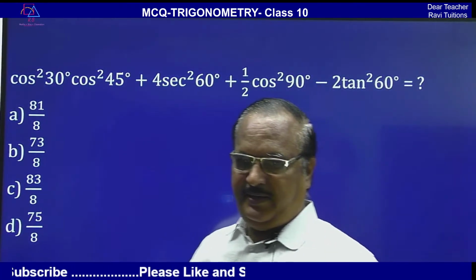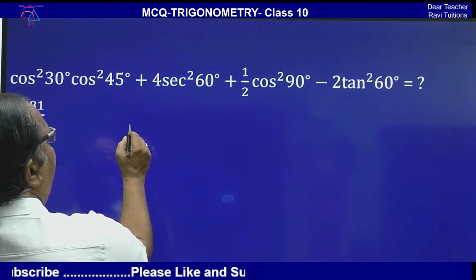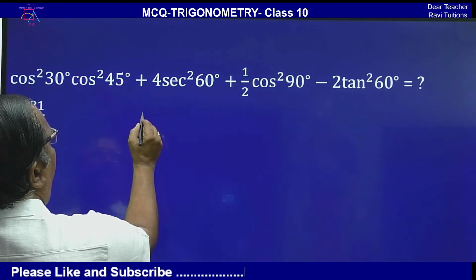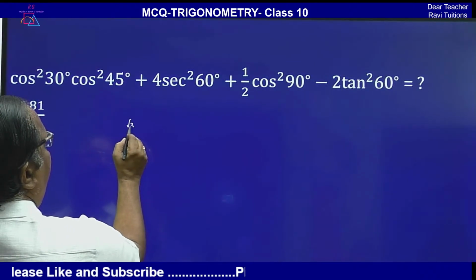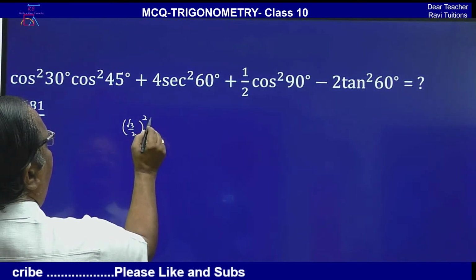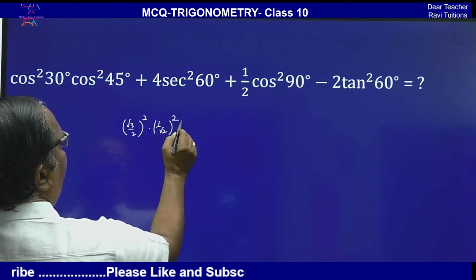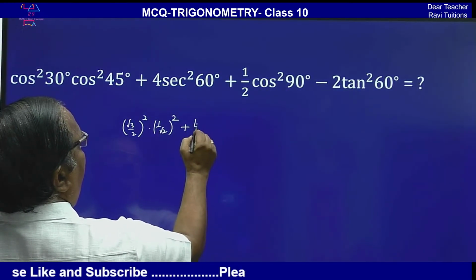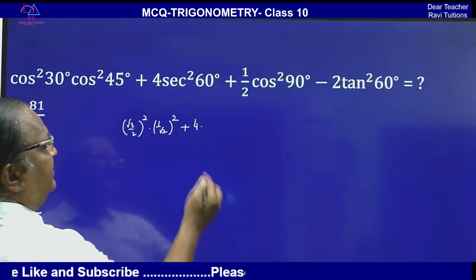Tell me cos 30. Cos 30 is root 3 by 2. So root 3 by 2 whole square. Cos 45, 1 by root 2 whole square, 4 into secant 60.